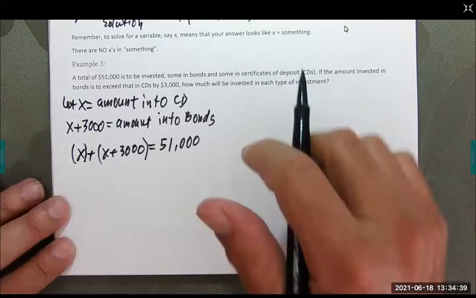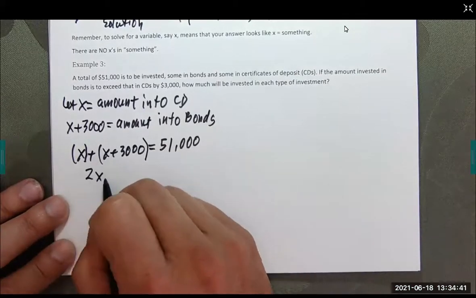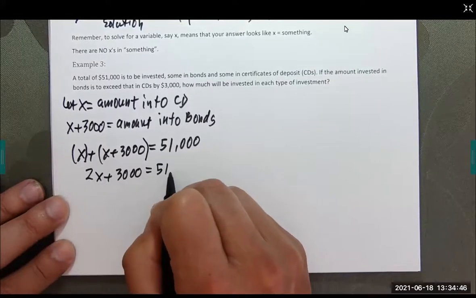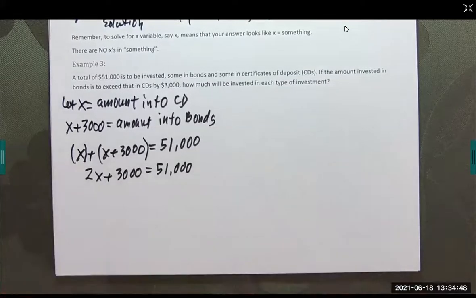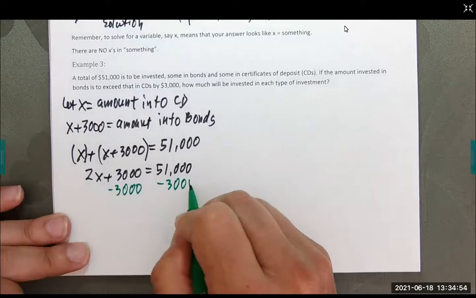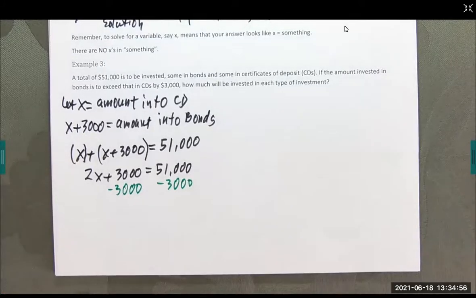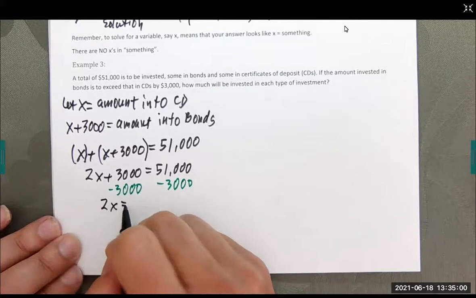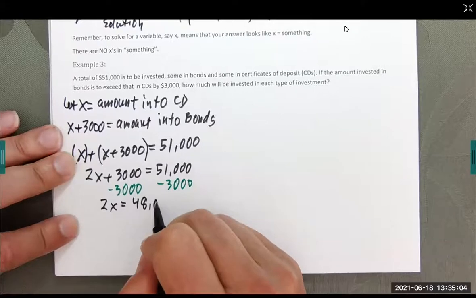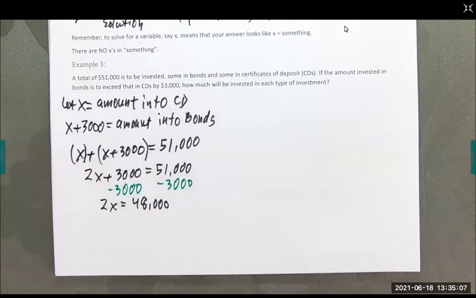So I'm going to combine like terms. So 2x equals, say that'll be 48,000, divided by 2.